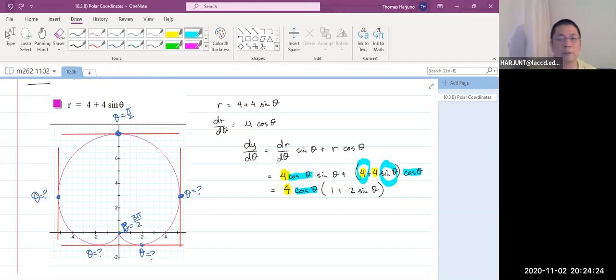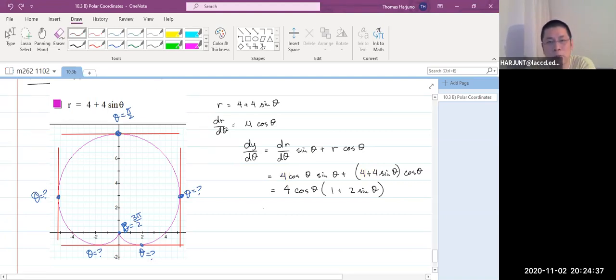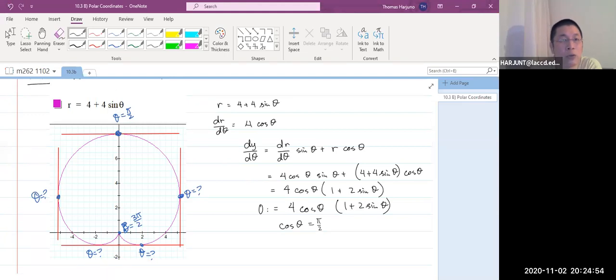Well, you can distribute that first and then factor. Now this is equal to 0. When you set it equal to 0, you get cosine theta equals 0.